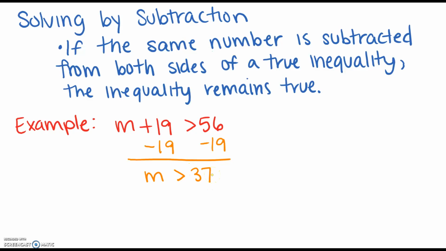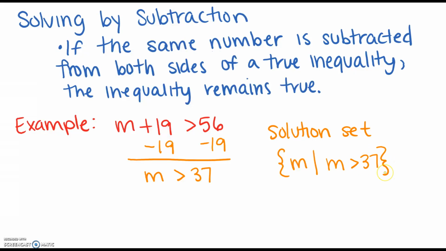Like we talked about before, we have to write it in set builder notation because it's the more concise way to write a solution set. So the solution set is the set of all numbers m such that m is greater than 37. All right, so we have our set builder notation.